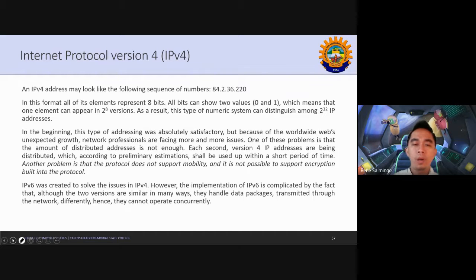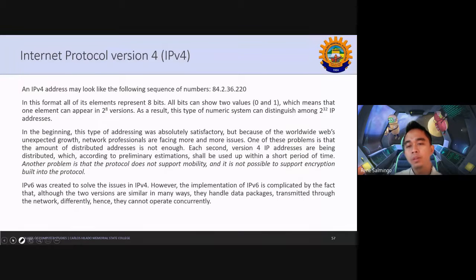This type of addressing is absolutely satisfactory, but because of the World Wide Web's unexpected growth, network professionals are facing more and more issues. One of the problems is that the amount of distributed IP addresses is not enough.